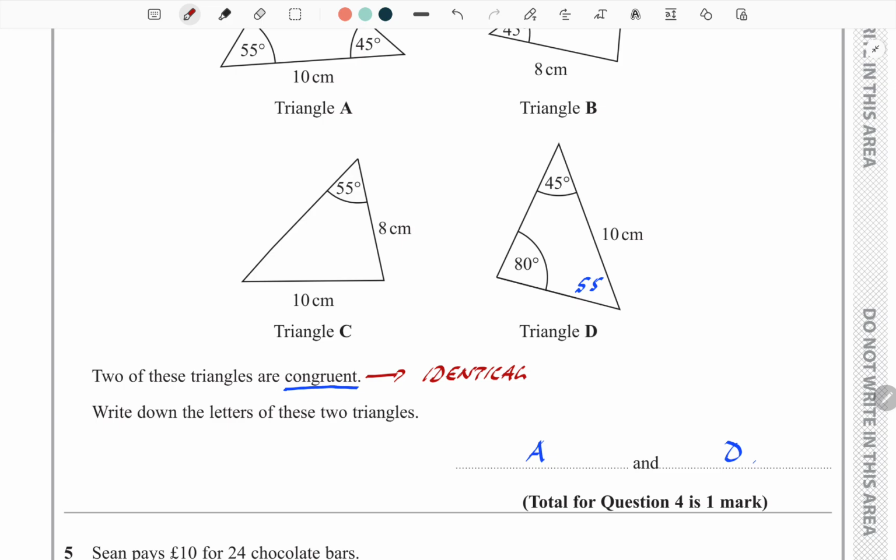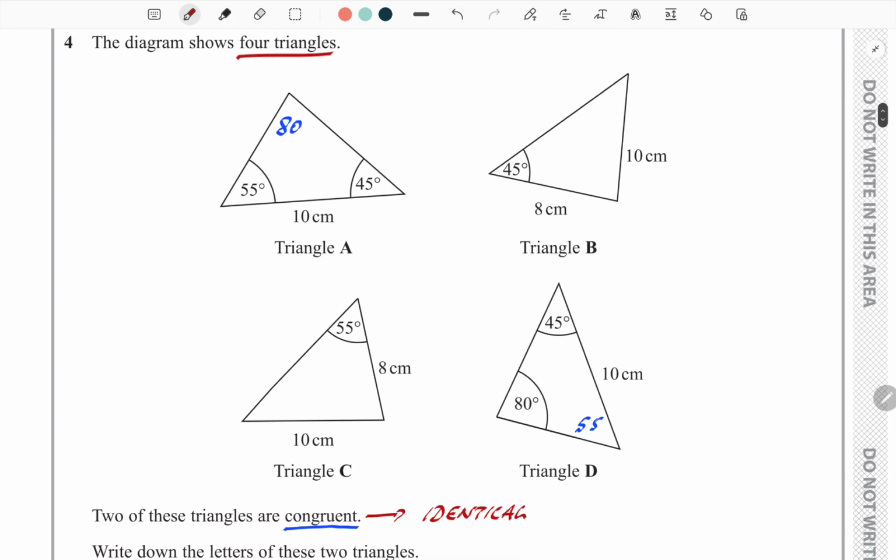In order to find congruent triangles, you need to know that all 3 sides are equal in both triangles, or that all 3 angles are equal. There are other conditions, but in this particular question, this is all you need.